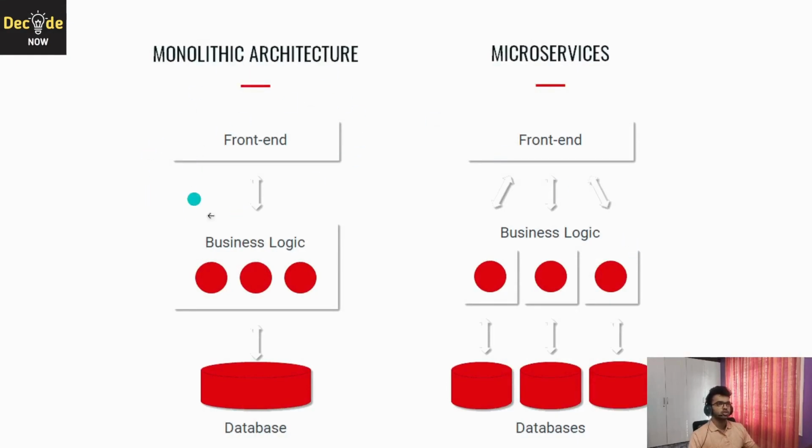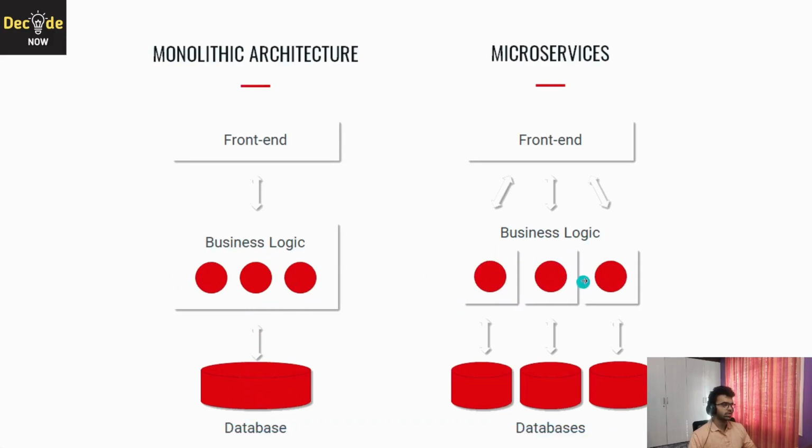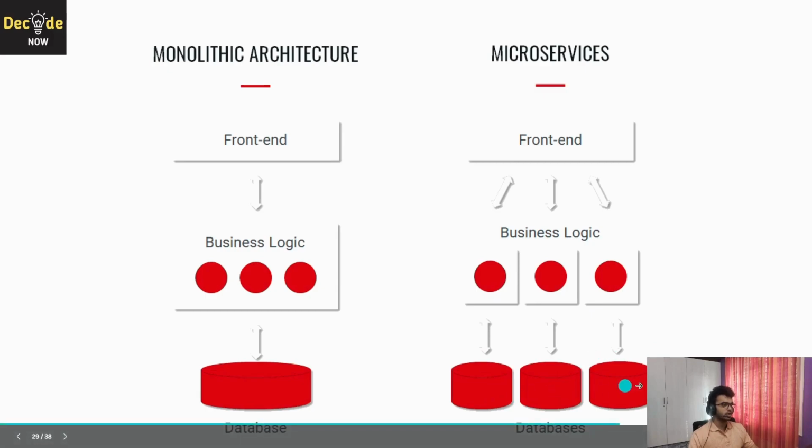This was the diagram that we saw earlier during the limited flexibility disadvantage. So this is how microservices work. Instead of all the three teams working on the same database with the same business logic, it will be further split into different teams with their own services, which are called microservices, and they have their own database.